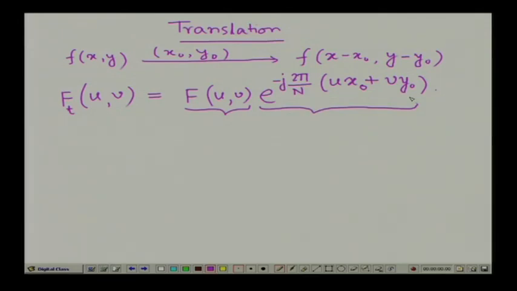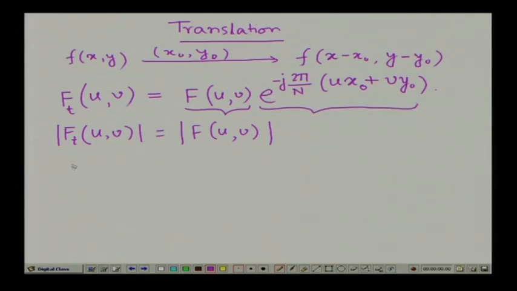So, if we consider the Fourier spectrum of this particular signal, you will find that the Fourier spectrum, that is |F_t(u,v)|, will be the same as |F(u,v)|. Now, this term e to the power minus j 2 pi by N (u x naught plus v y naught) simply introduces an additional phase shift, but the Fourier spectrum remains unchanged.